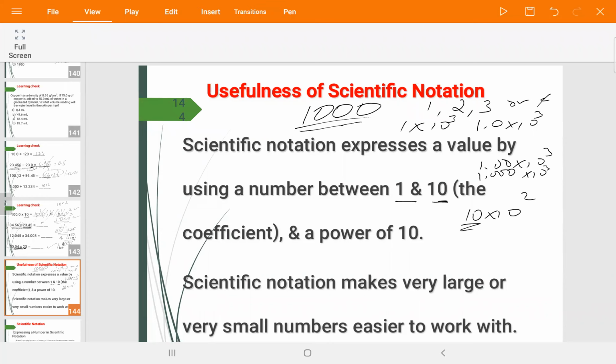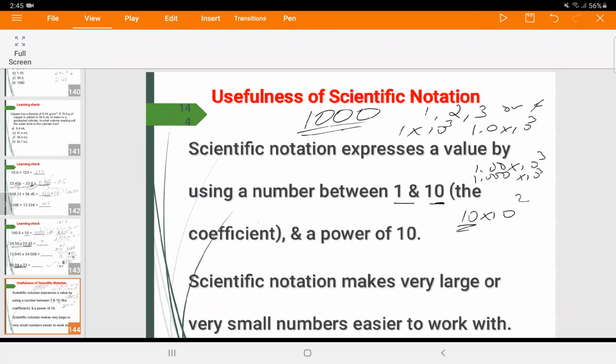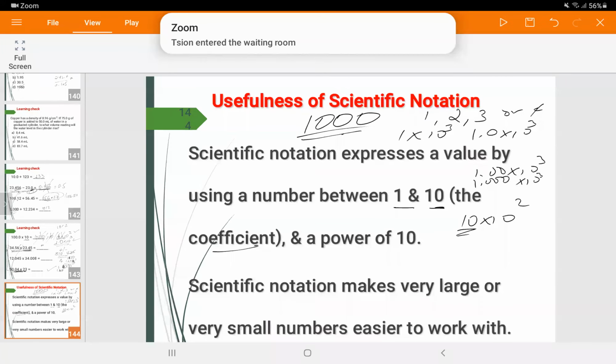Is it clear? And then the quotient and a power of 10, as you saw earlier. All right.